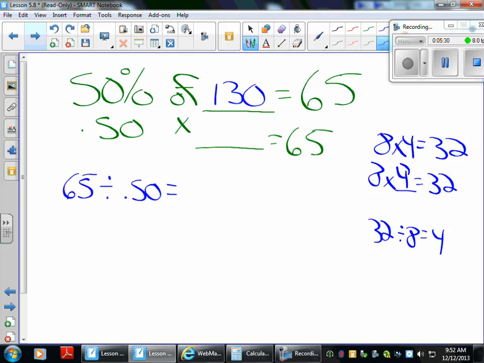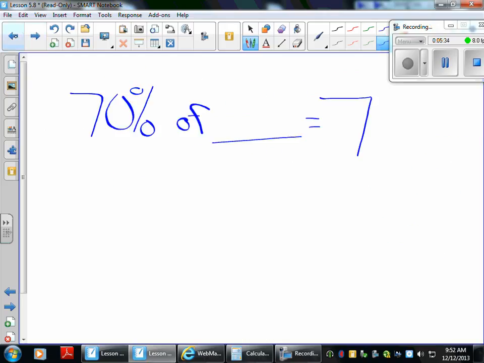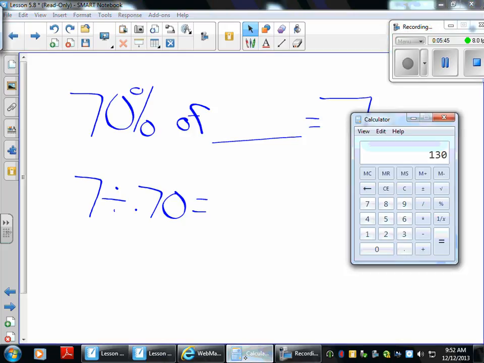How do we find this missing number? We have to divide. So we're going to divide 7 divided by 0.70 equals what? 7 divided by 0.70 equals 10.